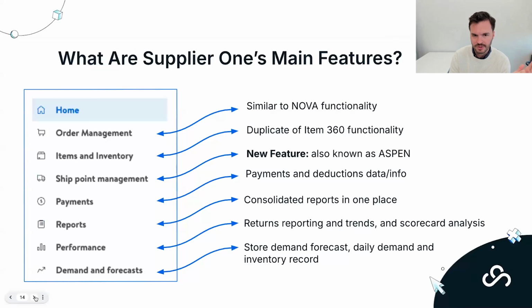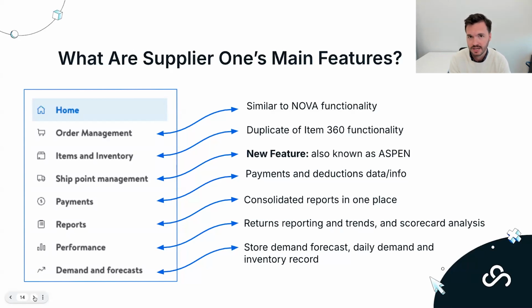So we'll get into the main features, and if a lot of you are newer to SupplierOne, this should be pretty helpful. It's been developing a lot over the last year, so these changes are happening all of the time, and it's important to stay up with that as well. I want to call out that ship point management in SupplierOne is a new feature. This is a pretty new development.